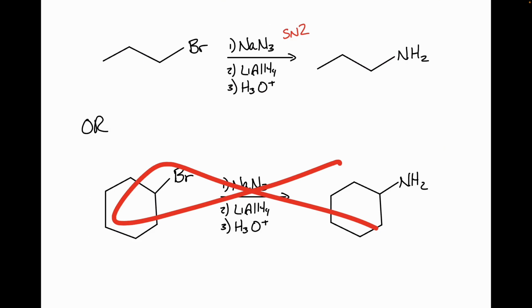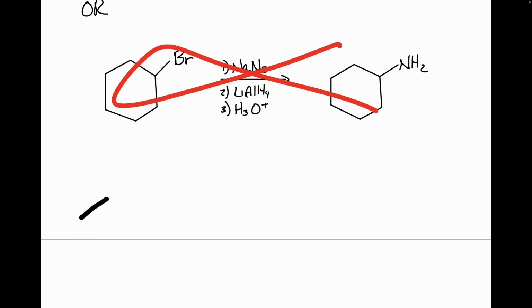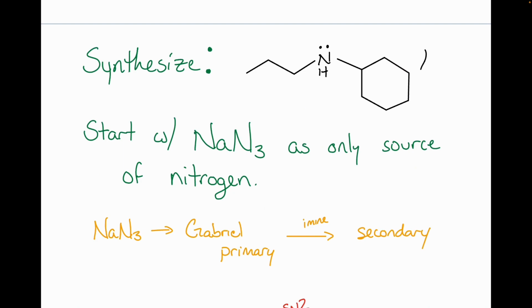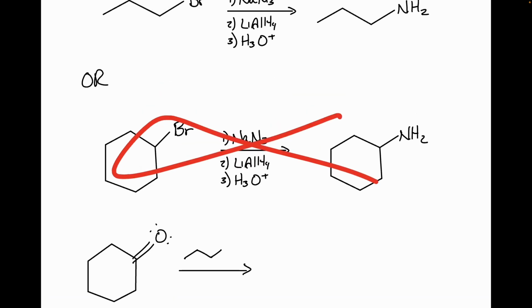Okay, and then in a second step, we'll take that propanamine, we'll combine it with our appropriate ketone. In this case, I'm going to need to use my cyclohexanone here. I'll take that primary amine I created in the previous step.